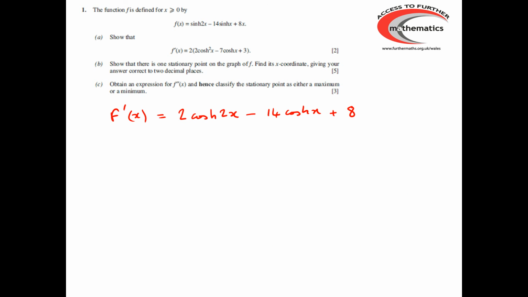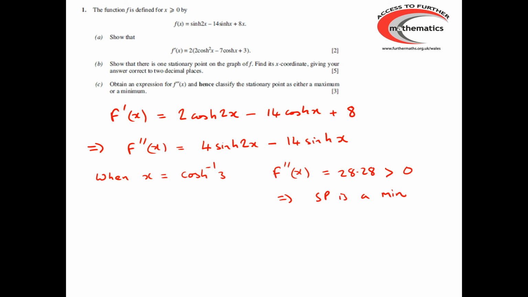Now we know f dash x is 2 cosh 2x minus 14 cosh x plus 8. So the second derivative is going to be 4 sinh 2x minus 14 sinh x. When we put in x equals cosh to the minus 1 of 3, which is roughly 1.76, we obtain the second derivative of f as 28.28, which is certainly positive, which tells us that the stationary point must be a minimum.